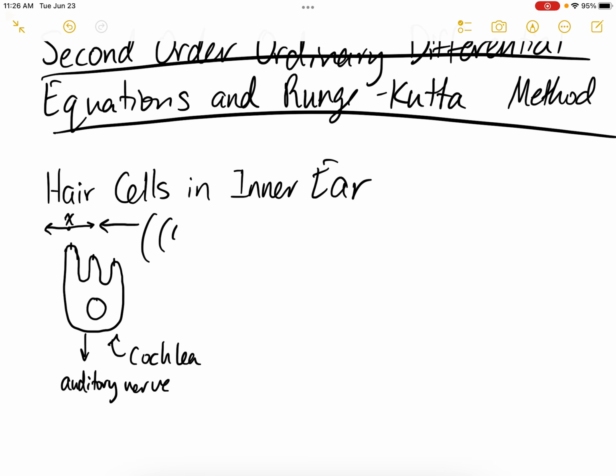So we can imagine that we have some sound and some amplitude of sound over time. Let's suppose that it's just one little beep, basically instantaneous.